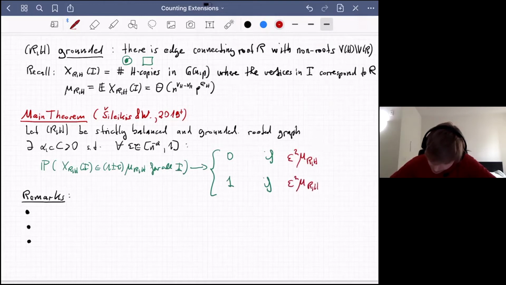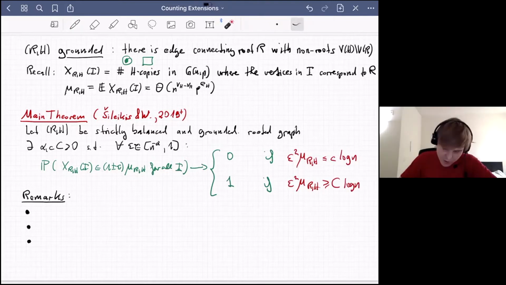Based on Spencer's result, you might guess that you get a 0 statement if this is at most a small constant times log n, and you get the 1 statement if this is a big constant times log n.